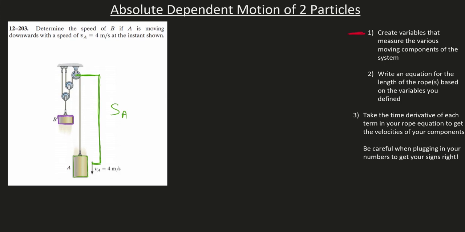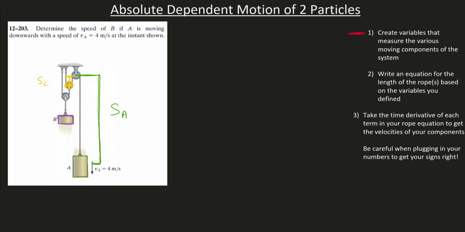Now I see that this pulley right here is going to move somehow in some way. So I also want to measure it from that same point too. We have an A, we have a B, I'll just call this SC. And it measures out to this pulley right here. And lastly, here's this pulley.